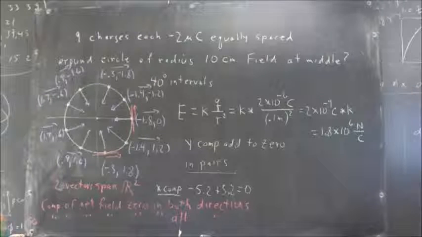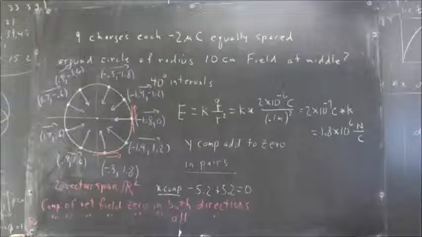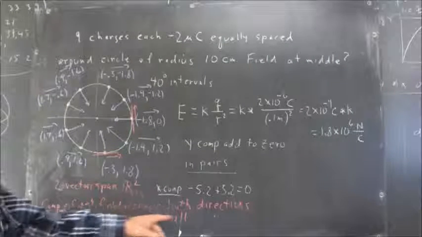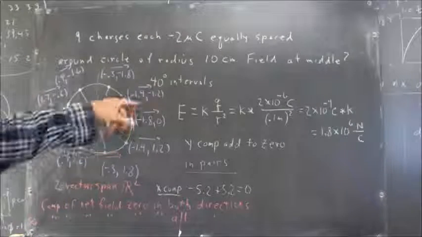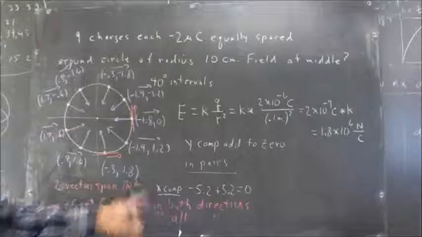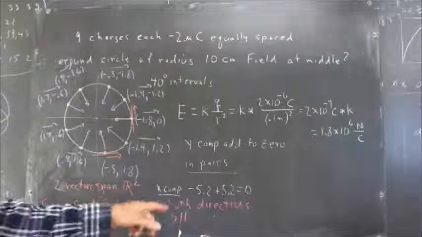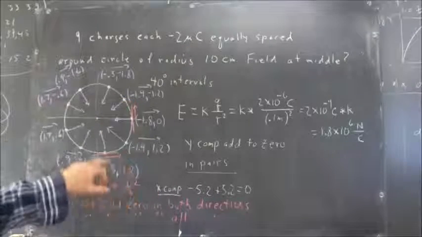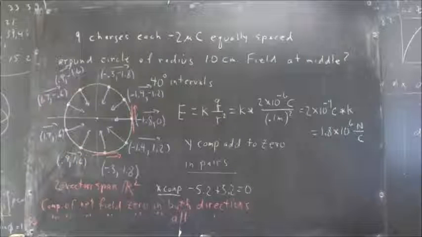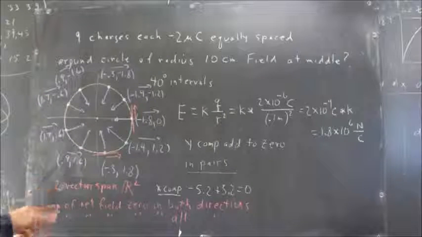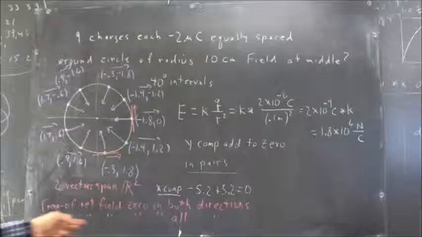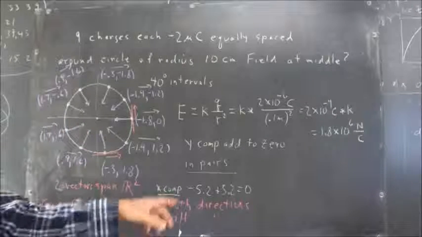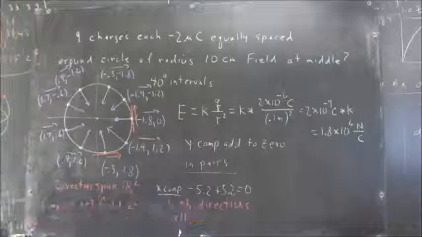I was going to do another argument, but let's just complete this one. The components of the net field are 0 in both directions. Okay, well, we have the two vectors here that span R2. The components of the field have to be 0 in the direction of this vector, and have to be 0 in the direction of this vector. So it turns out, since the two vectors span the space, that the components of the net field are 0 in all directions, in any direction.